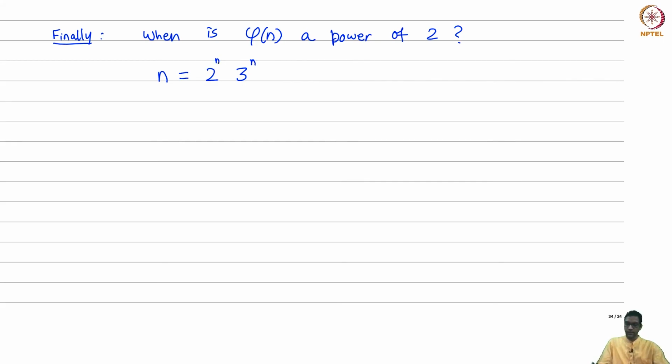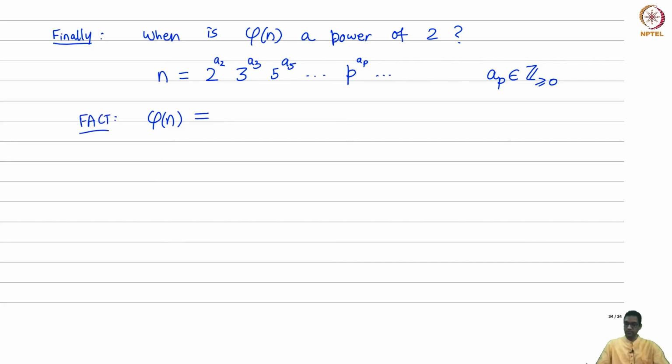So n looks like 2 power a2, 3 power a3, 5 power a5, and so on. So take all primes, p power ap. n has some prime factorization, so I just call the exponents ap. They're all non-negative integers. Now phi of n, let me use this little fact about phi of n.